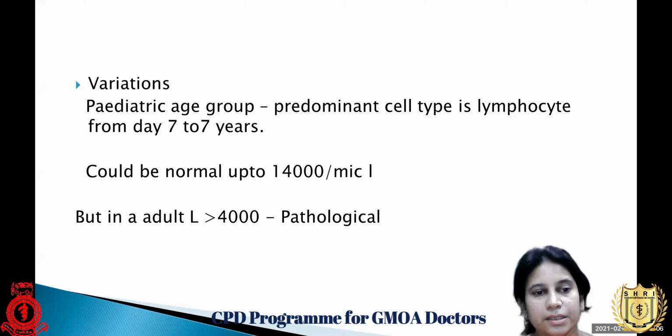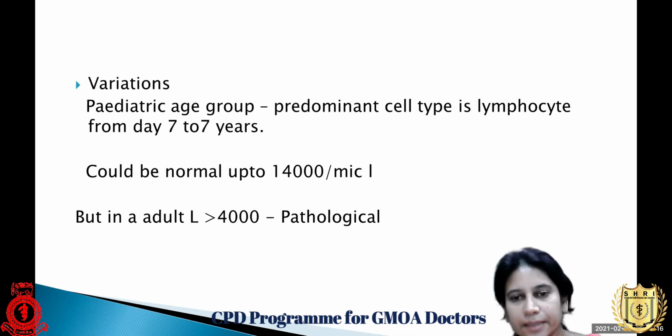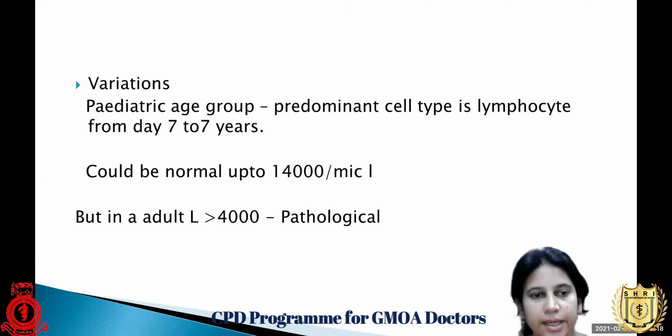So there are variations. The previous slide I showed was for an adult patient, but there are physiological variations. In the pediatric age group, the predominant cell type is the lymphocyte, from the age of day 7 to 7 years. Sometimes this can go up to 10, 11 or 12 years.